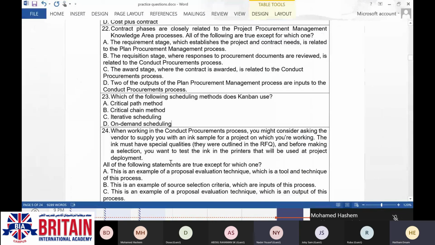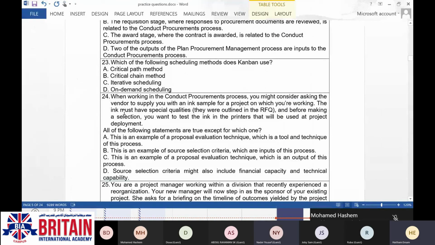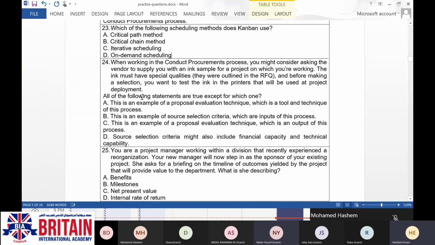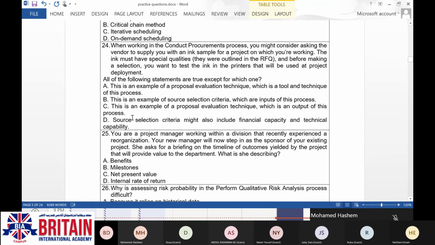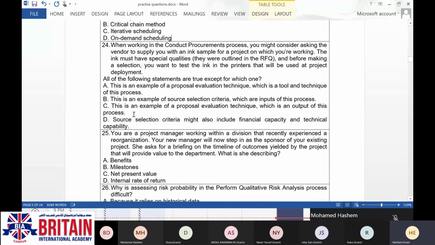Okay, question number 24. Who else? Yes, Haitham. Okay, question number 24, please. When working in the conduct procurement process, you might be asking the vendor to supply you with an ink sample for a project on which you are working.